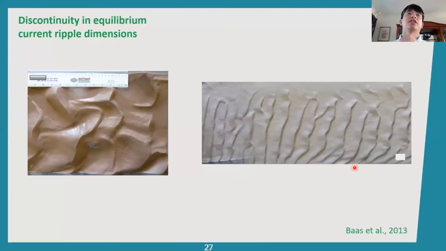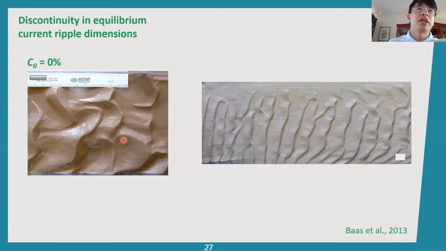Actually, the discontinuity observed in our experiment could also happen for current ripples. These two photos are from the experiment of Baas et al. 2013. The left one shows the equilibrium clean sand ripples.